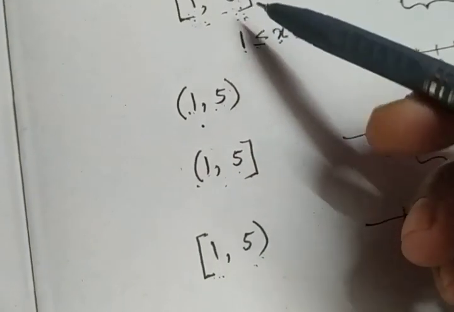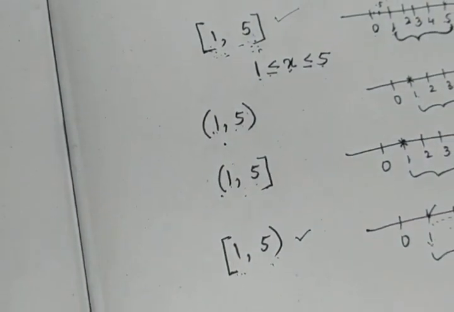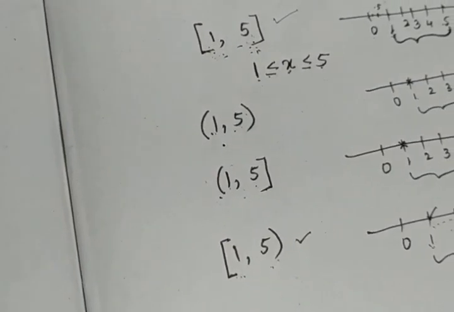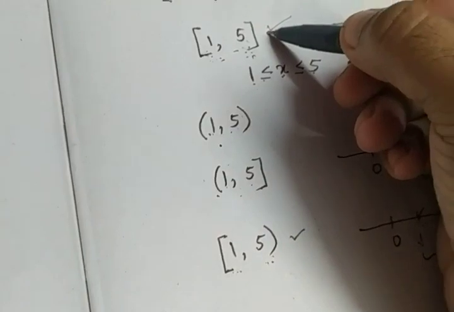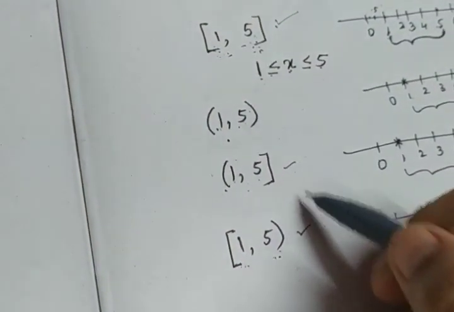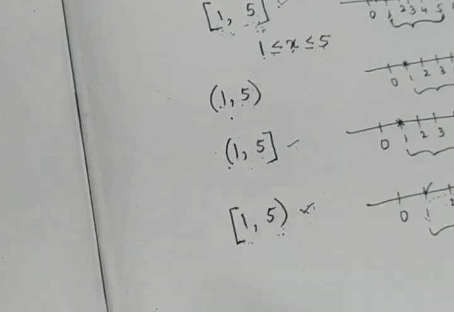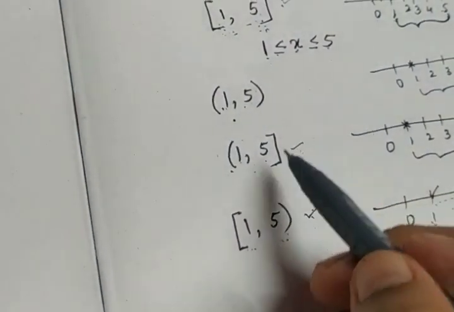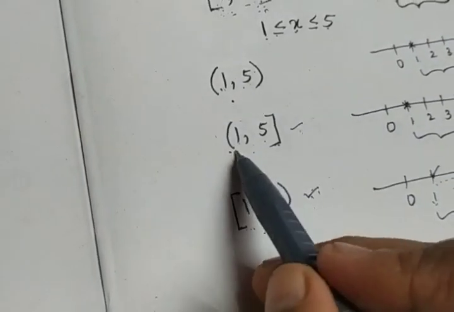What makes the difference between this set and the previous set? How many elements of difference will there be? Only one element, because here 5 is not there, here 5 is there. Between these two sets, the number of elements remains the same, but the elements are different. Here 5 is there, here 5 is not there, but here 1 is there, here 1 is not there.